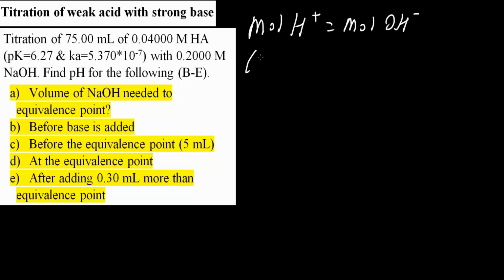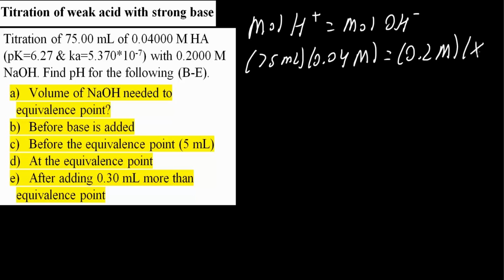So we say 75 mL times 0.04 M is equal to, we have a 0.2 molar NaOH, so 0.2 molar times X, because we want to solve for X. We want to know the volume of NaOH needed to reach the equivalence point. And so X would equal 15.00 milliliters of NaOH.